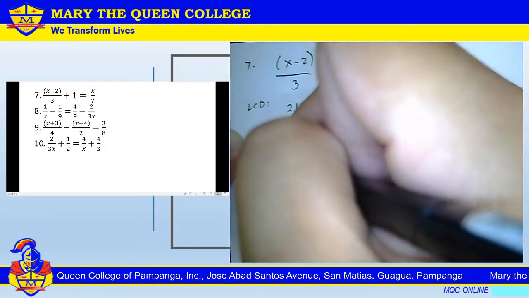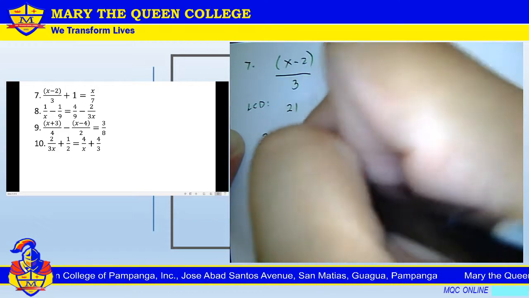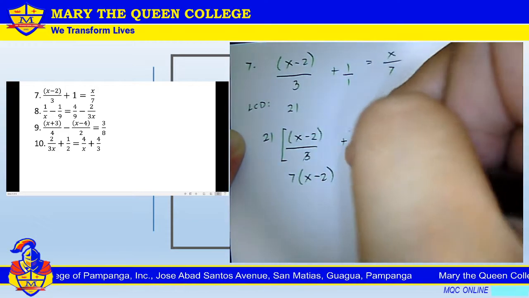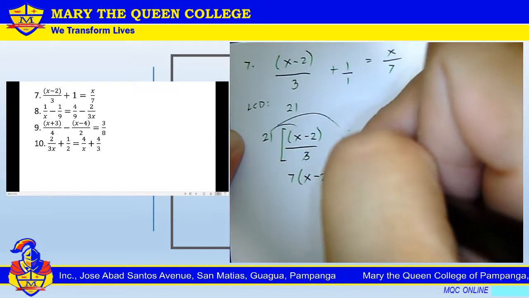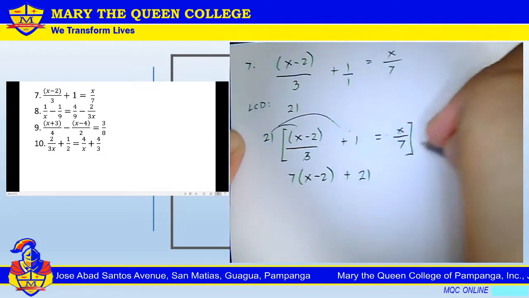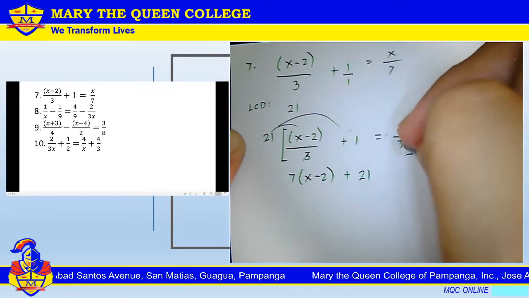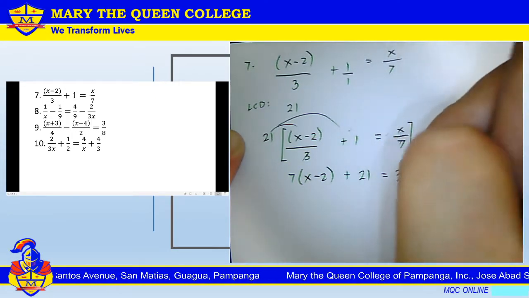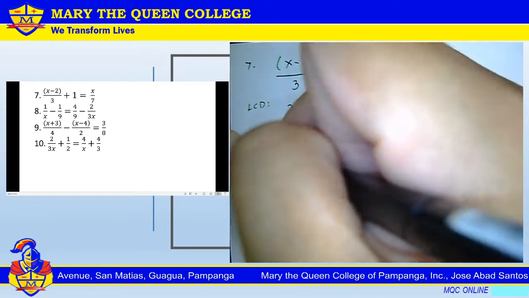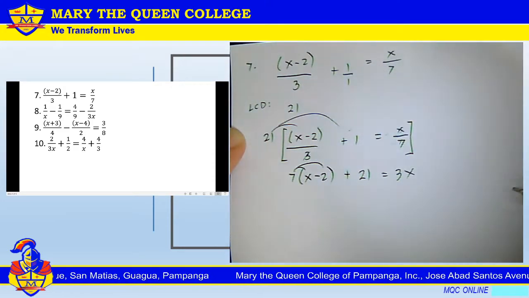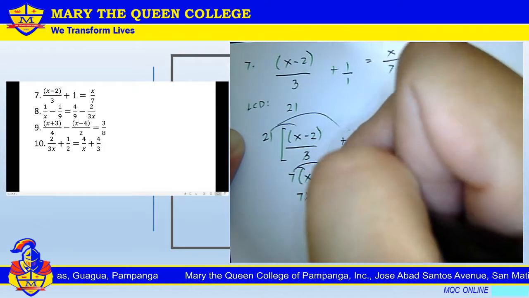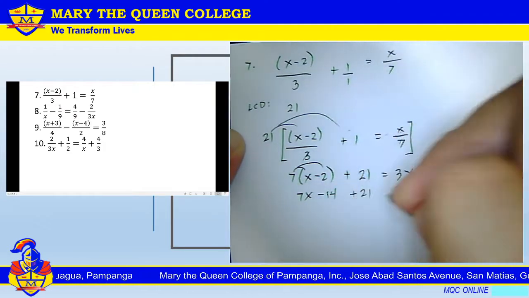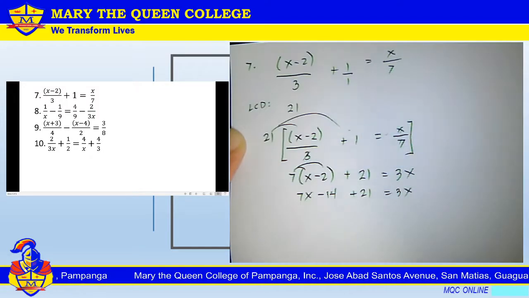So we have 7 times the quantity x minus 2 plus 21 times 1, that would be 21. Then 21 divided by 7, that would be 3 times x, that would be 3x. And then remove the parentheses here. So we have 7x minus 14 plus 21 is equal to 3x.